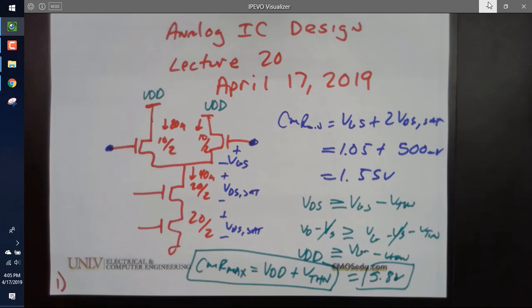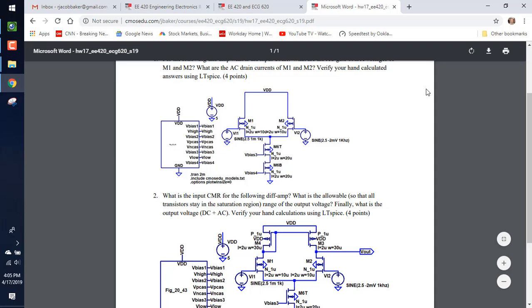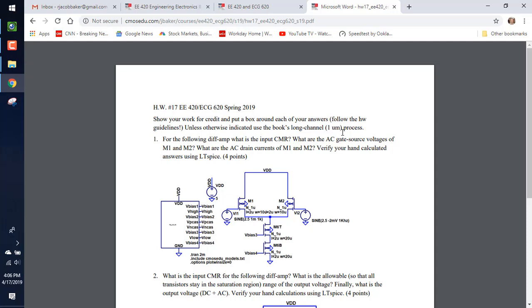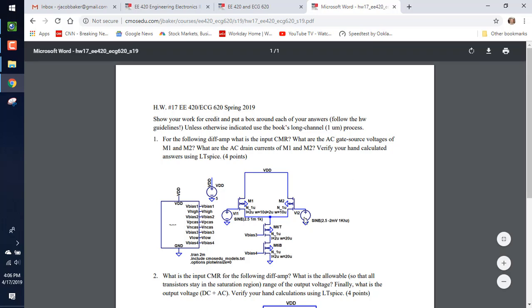All right, is that the only thing on the homework that you didn't follow, or is there something else on that problem? Okay, let's do the AC drain currents and AC gate source voltages, etc. I think that's it. Any questions? You mean the input common mode range?